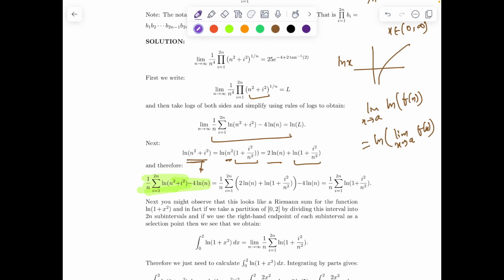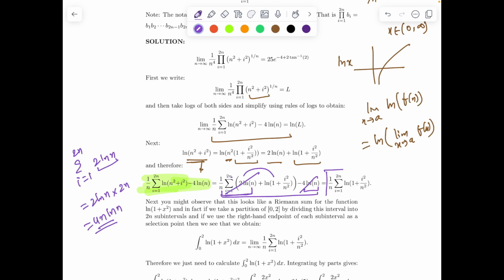From here, sigma i equals 1 to 2n of 2 ln n, since 2 ln n is constant, will come out, and just 1 plus 1 plus 1, 2n times, will give 4n ln n, right? And then it cancels, so the first expression gives 4 ln n, and that gets cancelled with this.